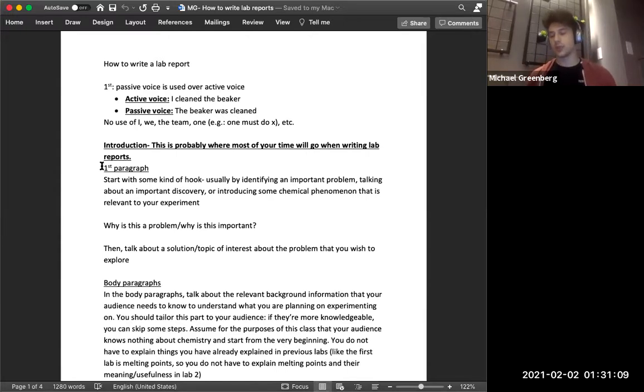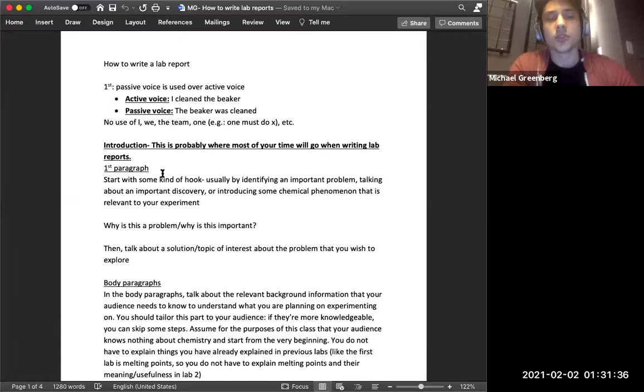So it allows you to get your work done ahead of time if you're the type of person that's predisposed to do that. But it also helps me see that you understand the chemistry and what you're doing in this lab, which is why it's one of the more important ones for grading purposes, because this is where I see if you're understanding the actual chemistry behind the lab.